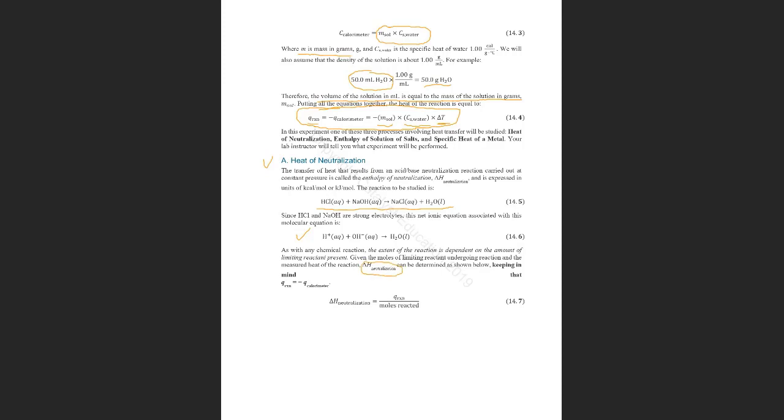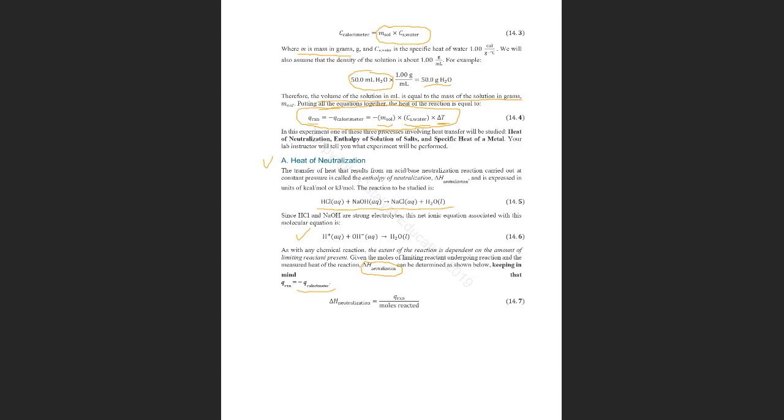And how are we going to do that? First, we know that the heat of that reaction equals minus the heat absorbed by the solution. And once we have that, we are going to divide by the moles that reacted.